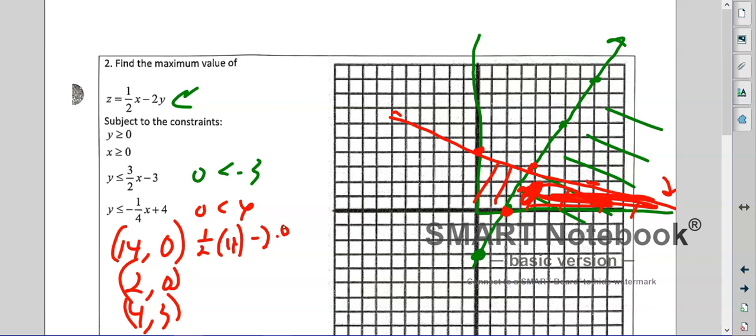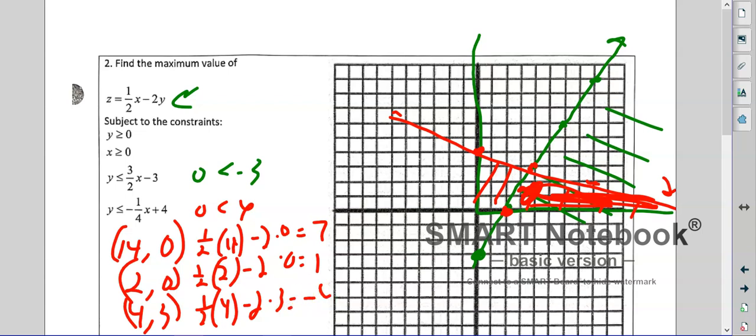So half of 14 is 7, minus 0 is 7. Half of 2 minus 2 times 0 again, well, that's 1. And half of 4 minus 2 times 3, well, that's negative 4.